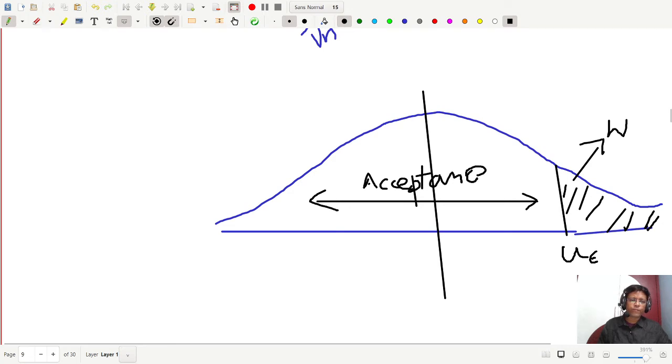This is your acceptance region, and this is your rejection or critical region.